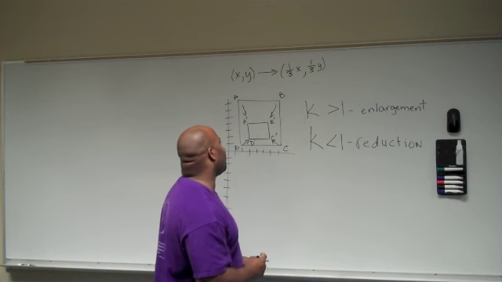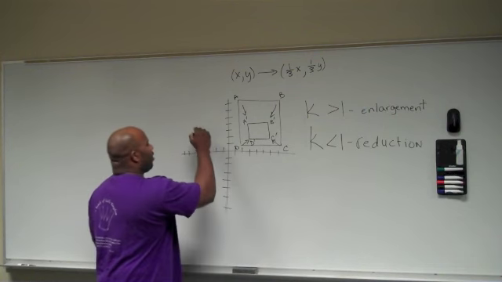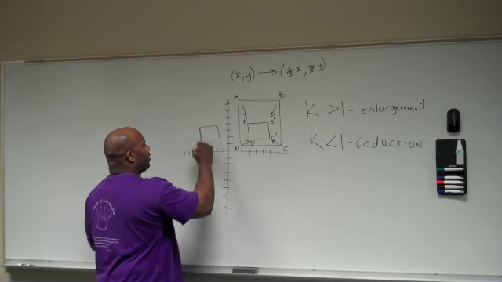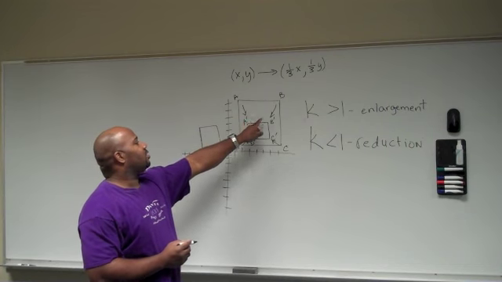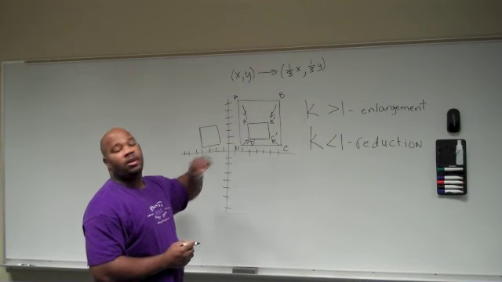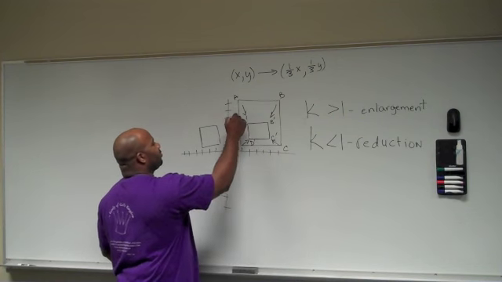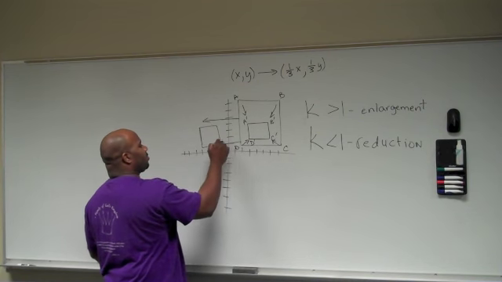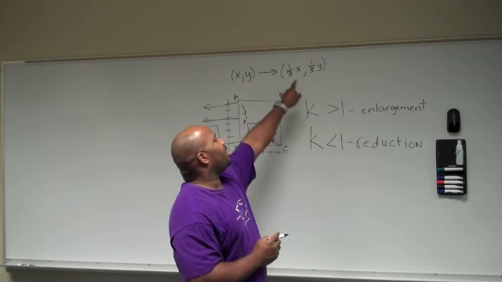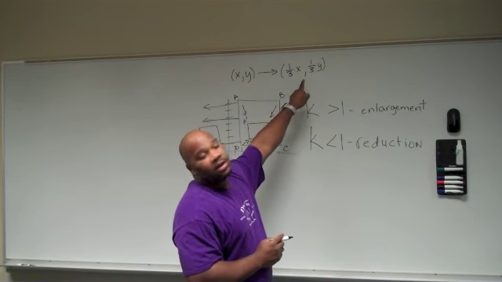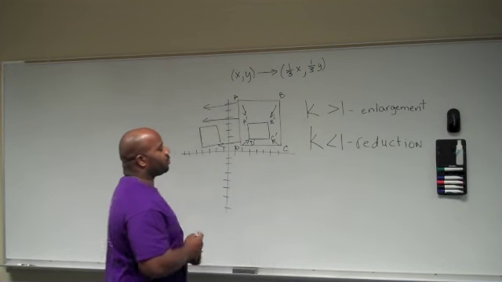We also talked about, say we had this large square, and we came all the way over here, and we had that. Okay, so that would mean this large square, first we translated it, so we moved it over, and then we applied our dilation of 1/3, which gave us this smaller rectangle moved over.